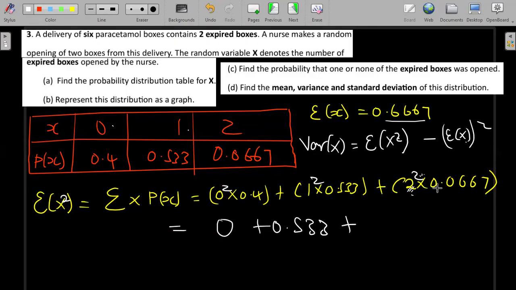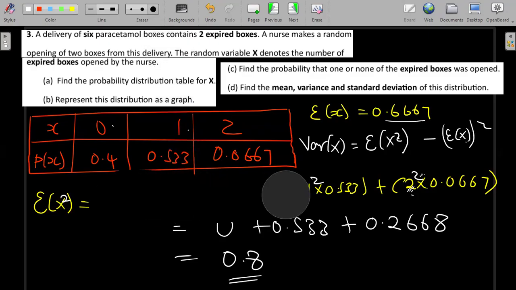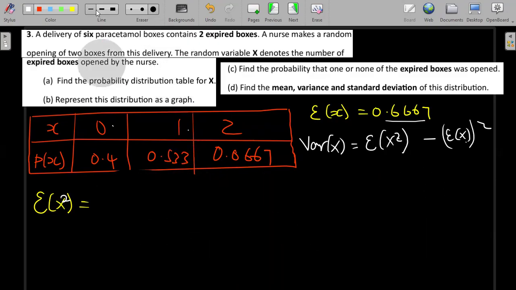And then 4 multiplied by 0.0667 gives me 0.2668. So you add all this, you're going to get 0.8. So this is the value for that. You can erase whatever we have here. So the value for this is just 0.8.